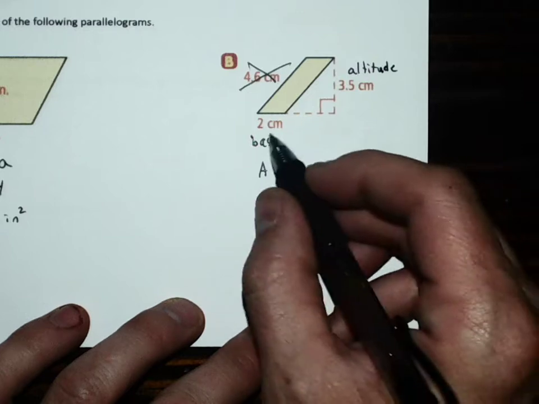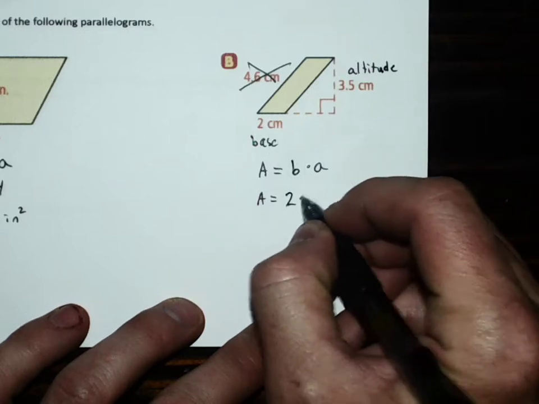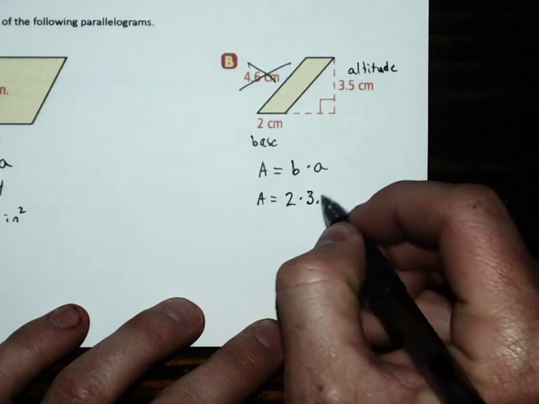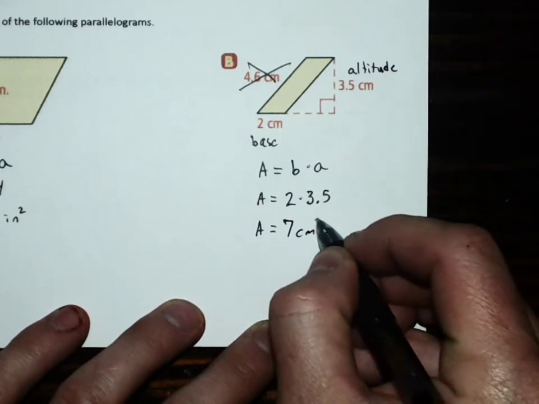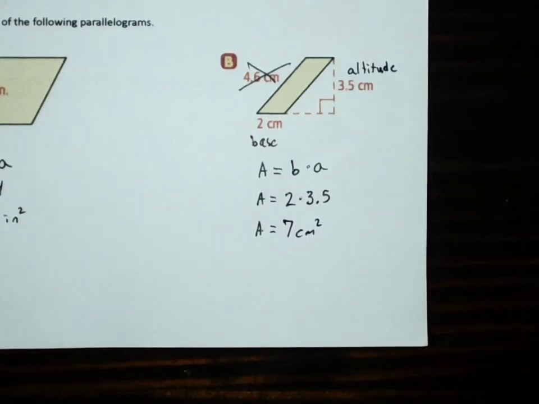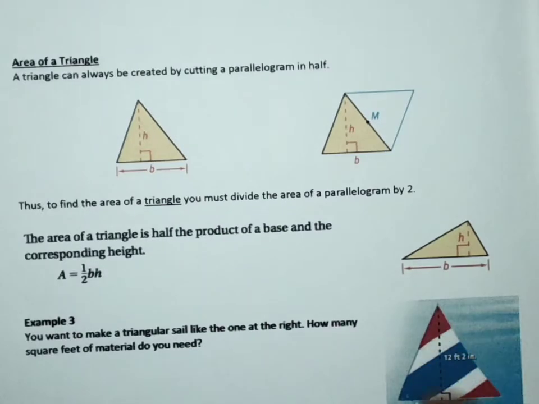The base in this case is 2. The altitude in this case is 3.5. So the area is 7 square centimeters. Flip it over. That was pretty short, right? Get on to our next page.